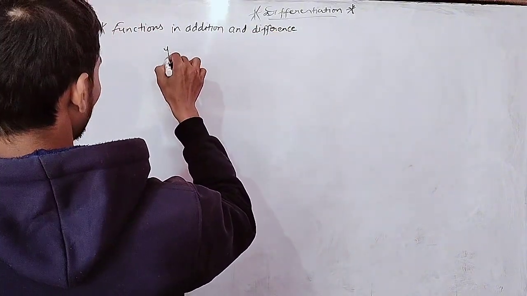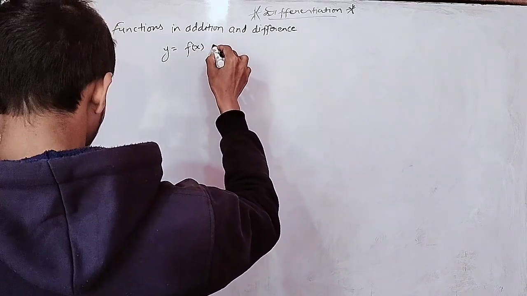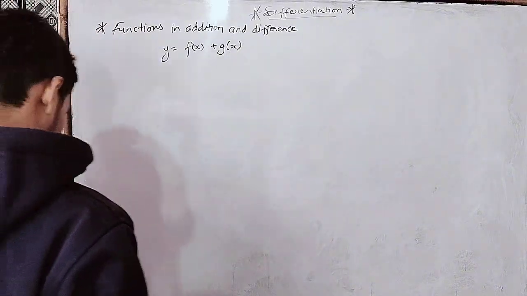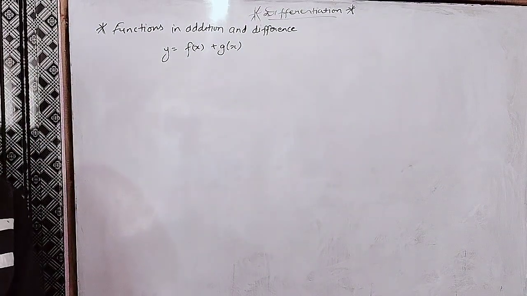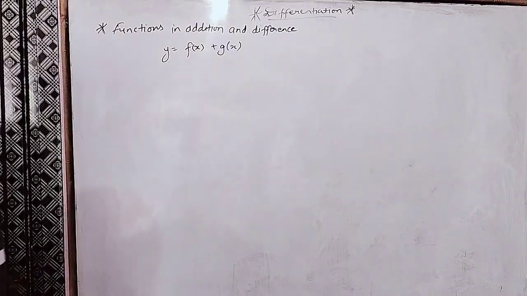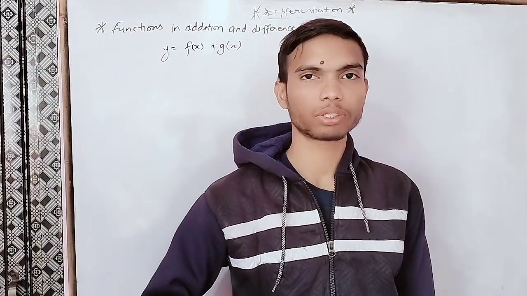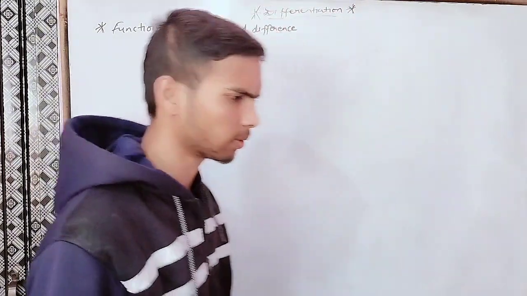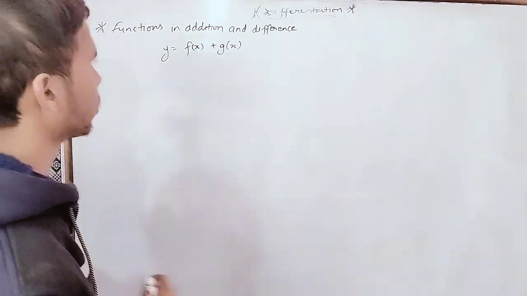We have the question f x then g x. Now, whatever we have, we will differentiate all, with the positive side, with the negative side, whatever we have, we will do everything.